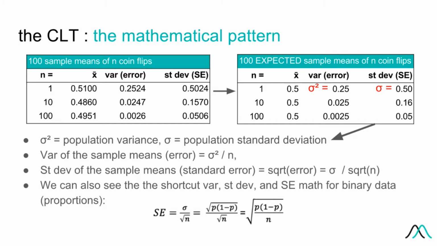So the upshot of this is we can use the normal model, z-scores, on the standard normal distribution to find the likelihood of observing any range of sample means given just the population's parameters.